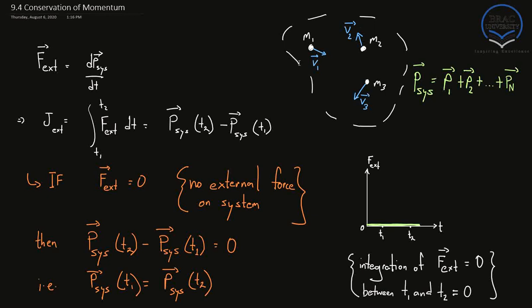We can define the total momentum of this well-defined closed system as p system equal to basically the vector sum of the individual momenta.